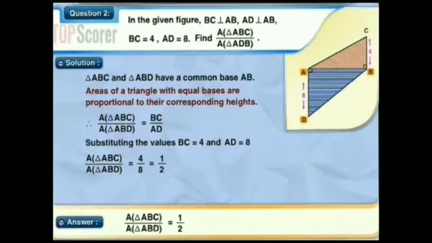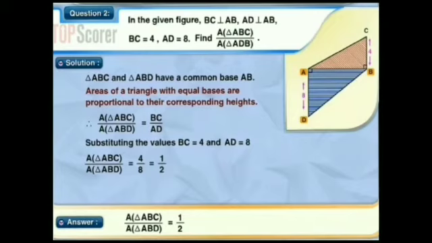Question 2. In the given figure, BC is perpendicular to AB, AD is perpendicular to AB, BC is equal to 4, AD is equal to 8. Find area of triangle ABC upon area of triangle ADB. You can see the figure.